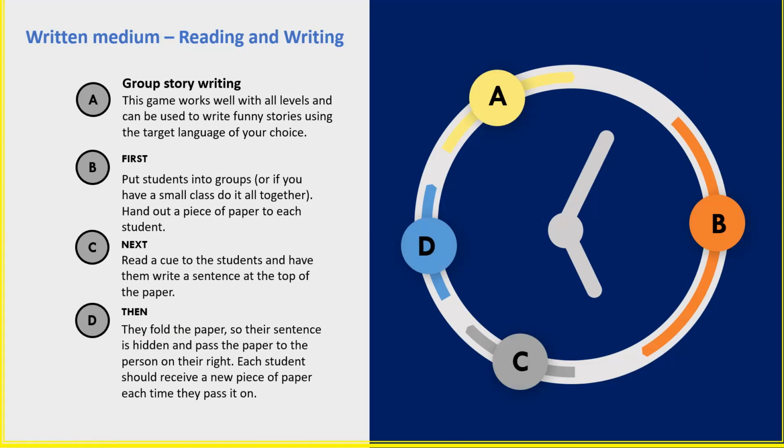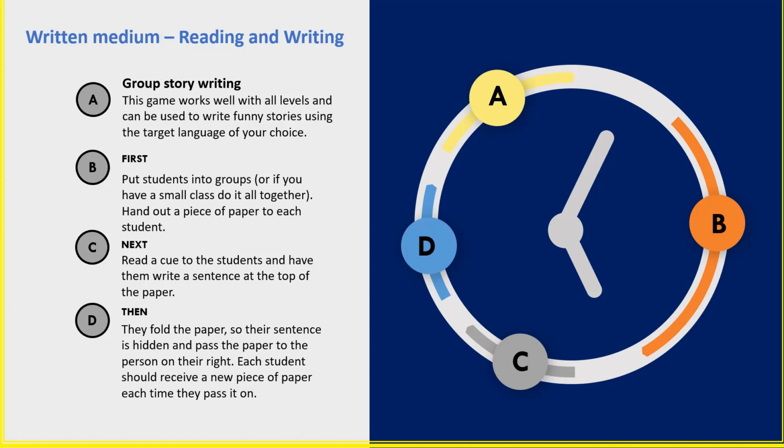So you're going to divide your students into groups, and then hand out a piece of paper to each student. Next, read a cue to the students. Give them a sentence as a starter of the story, and have them write a sentence at the top of the paper. And then they fold the paper so their sentence is hidden and pass the paper to the person on their right. Each student should receive a new piece of paper each time they pass it on, and so on.